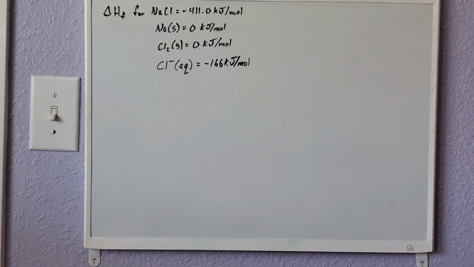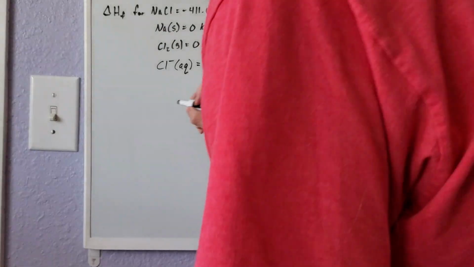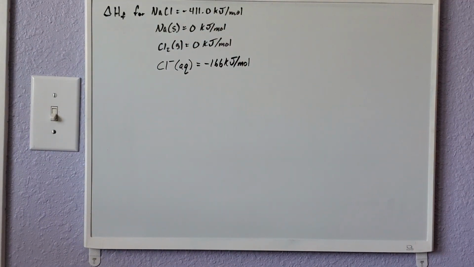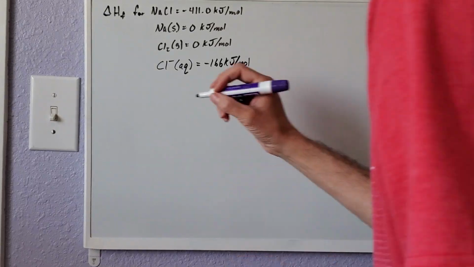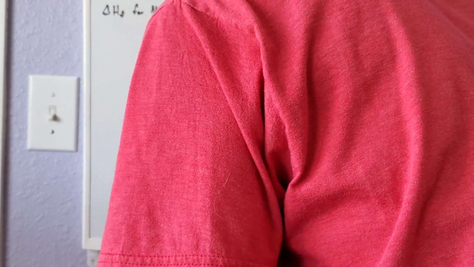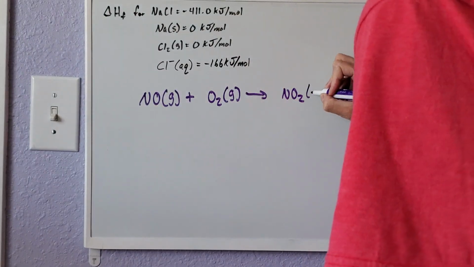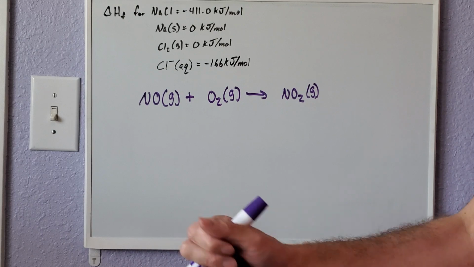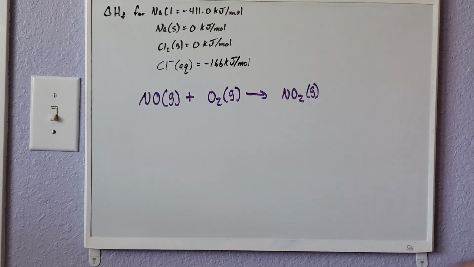And so if we have nitrogen monoxide gas, and we are adding this to oxygen gas to produce nitrogen dioxide gas, the first thing you should always do when you have a chemical reaction is make sure it is balanced.